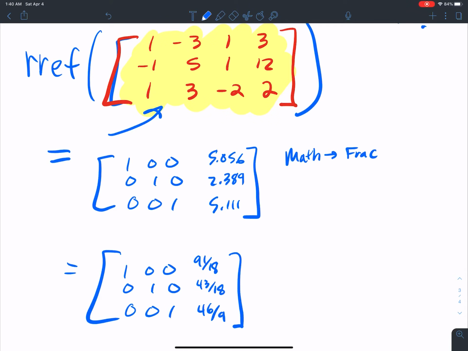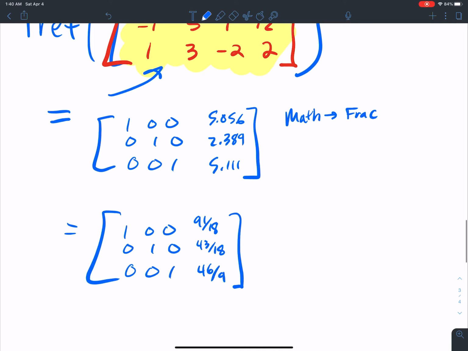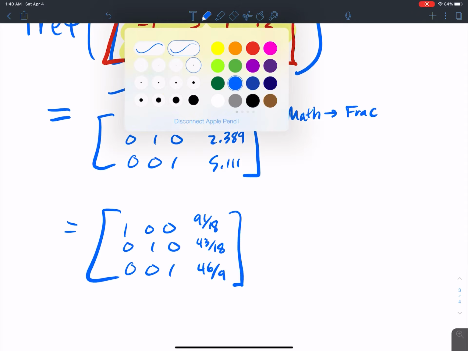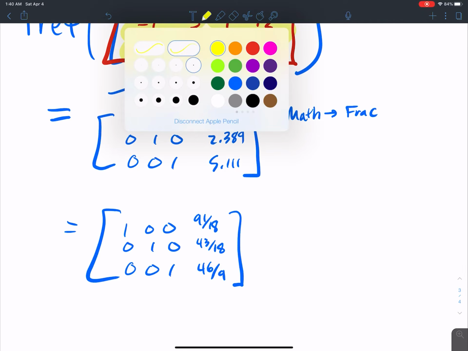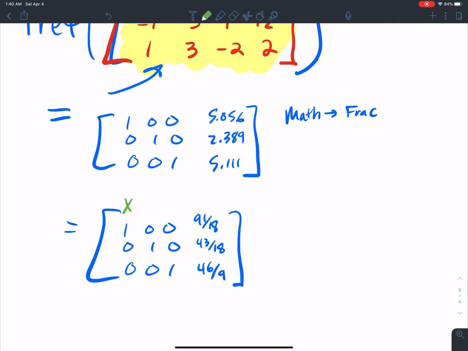Now, how do you read the solution? So remember, the first column, those are my x's. The second column, those are my y's. The third column are my z's, and the last are my numbers. So I'm going to re-equationize this first row here.